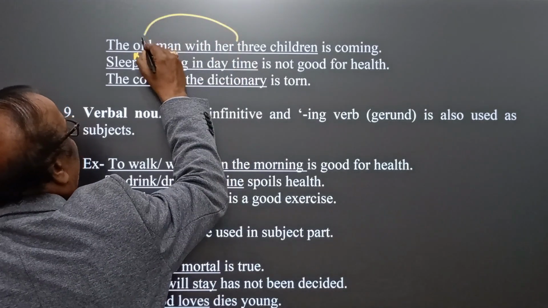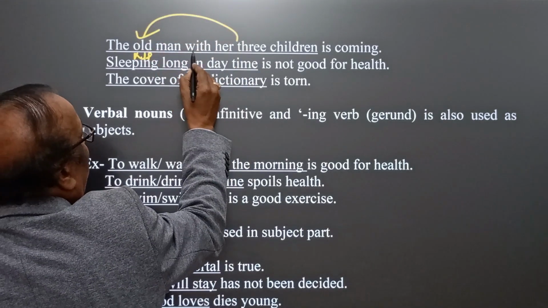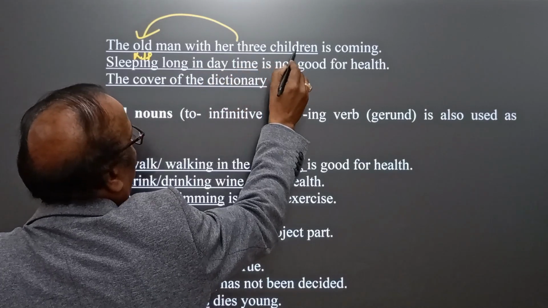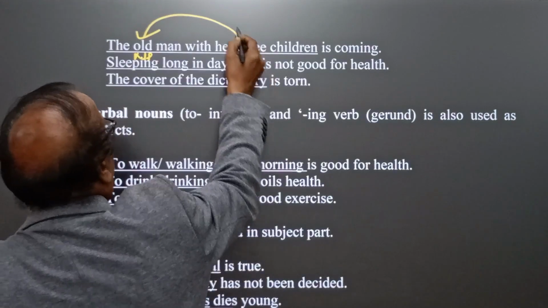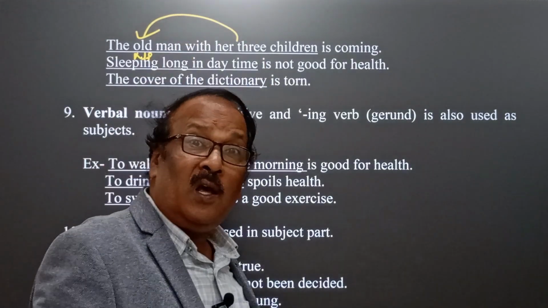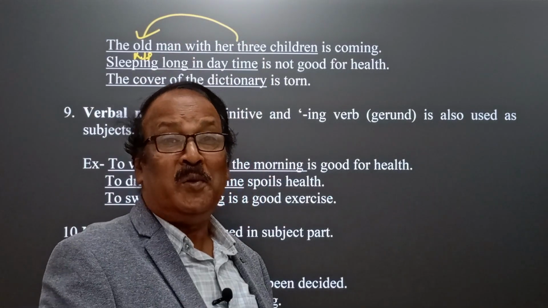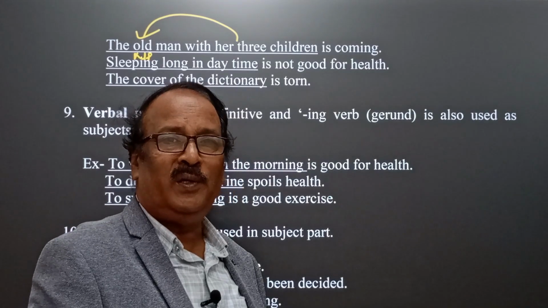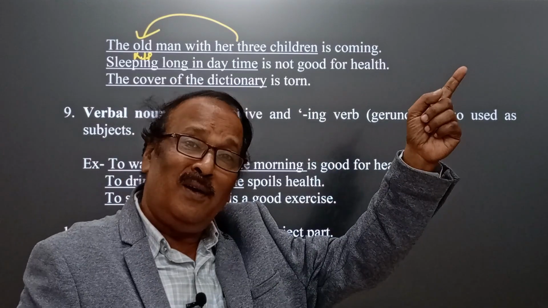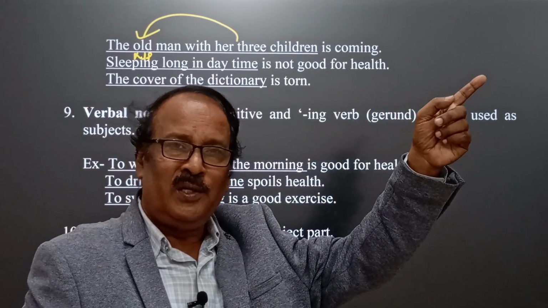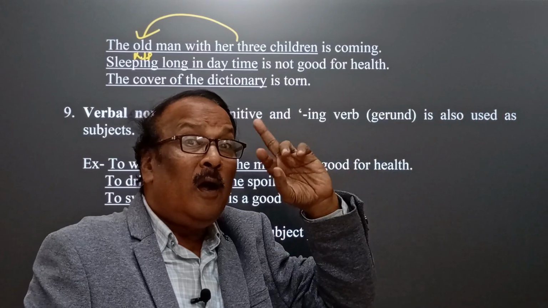Here, the postdeterminer is with her three children. This is a prepositional phrase, and it is thus a prepositional adjectival phrase. It means it is now doing the role of an adjective, which we have already discussed in the previous classes.